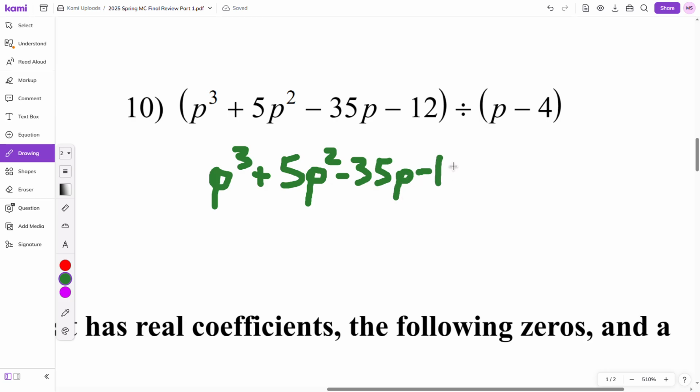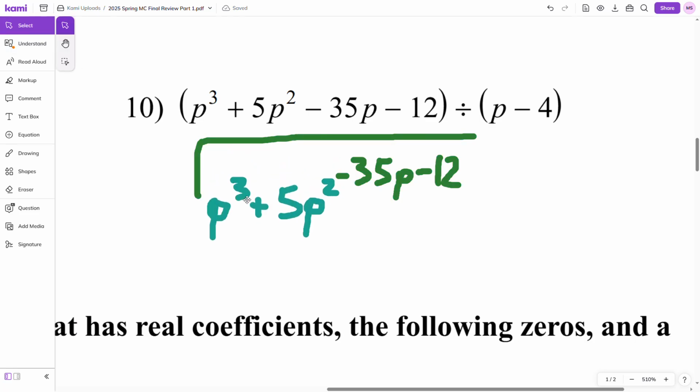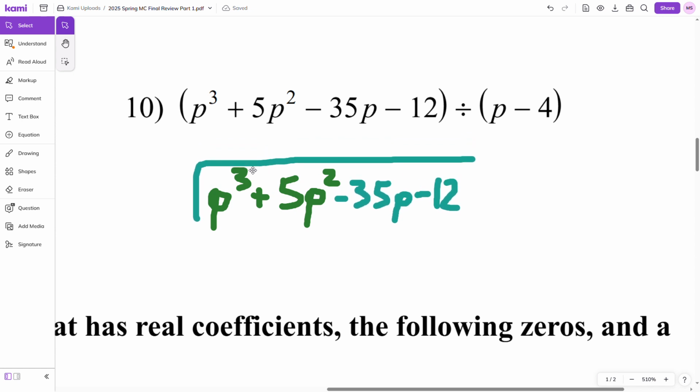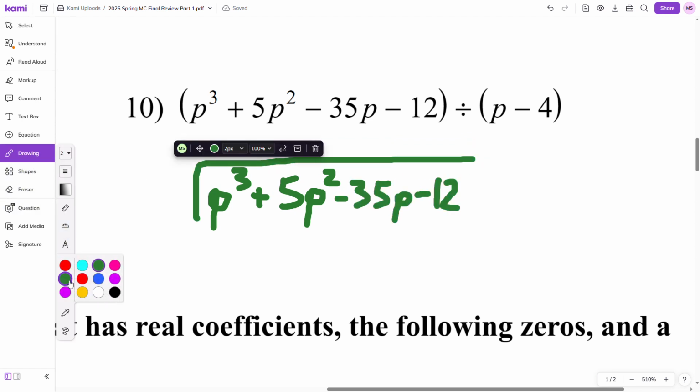I suppose you could use other methods, but it's a tried and true classic that I need to go over. I feel like I need to show you how that's done. So give myself a little bit more room. And we're going to divide this by p minus 4.